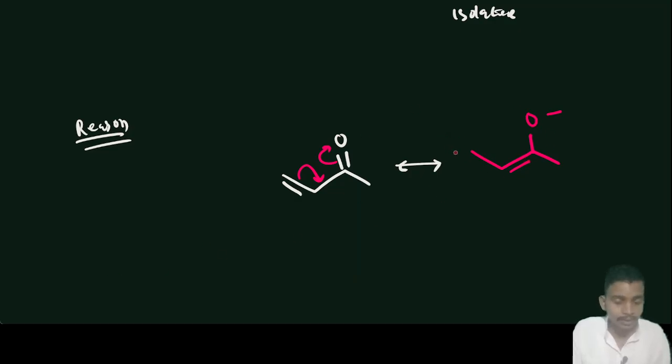Okay, this is one conjugate form. Here also, since this is a negative charge and this is a positive charge, we can do it like this also.